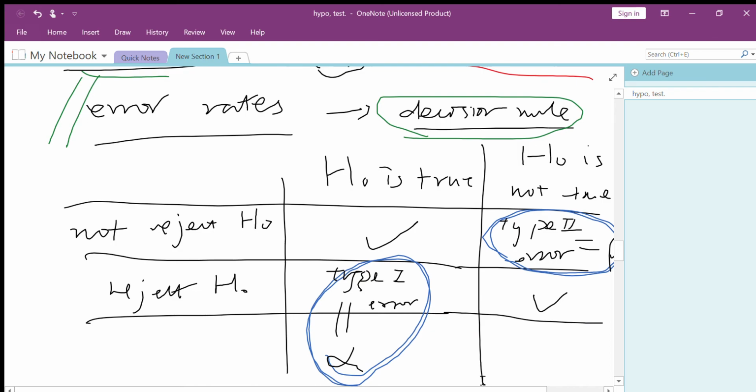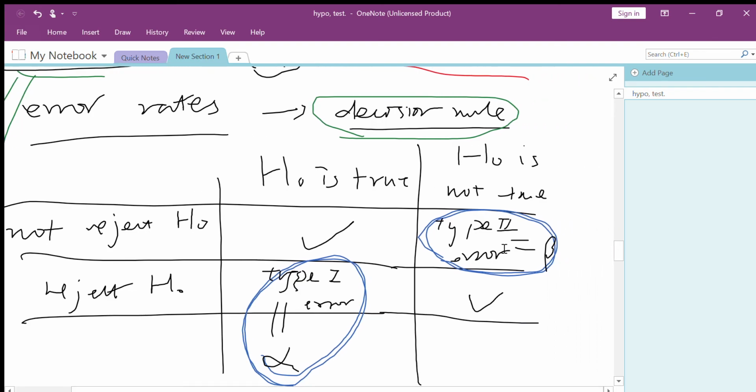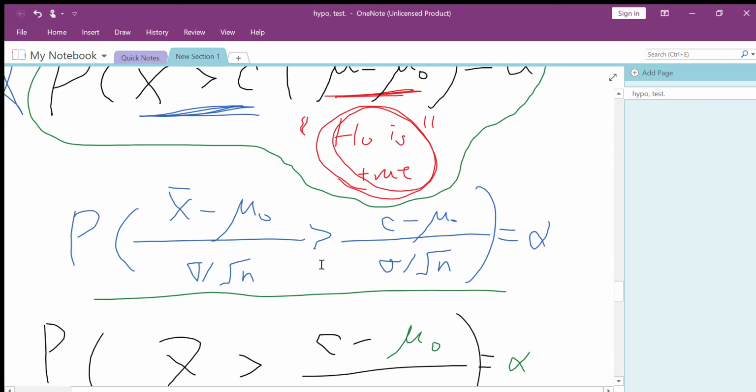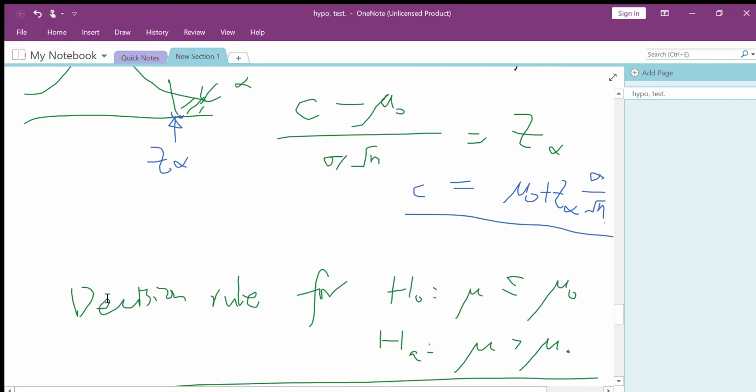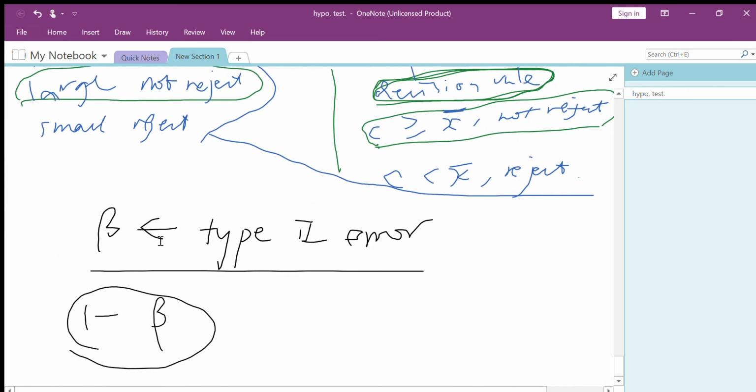Beta is the probability of not rejecting null when H null is not true, so 1 minus beta is the probability of rejecting null when H null is not true. This is correct. In practice, we are interested in this part, 1 minus beta. Why are we interested in 1 minus beta? Alpha helps to find the decision rule. Beta actually is a criterion to assess the decision rule.